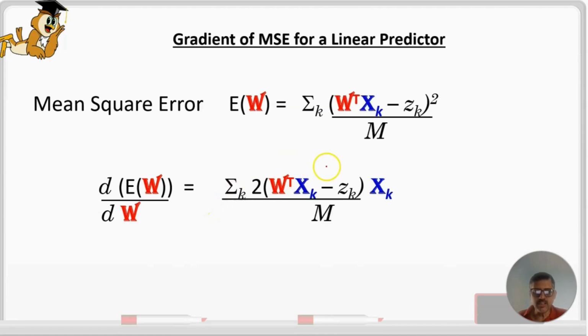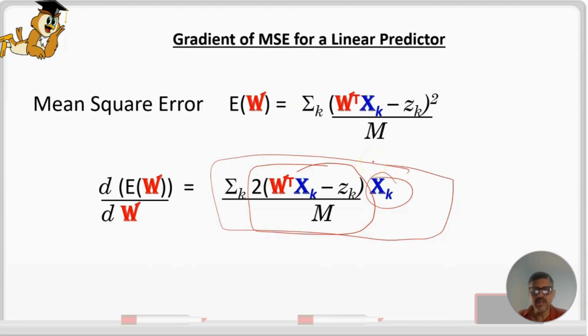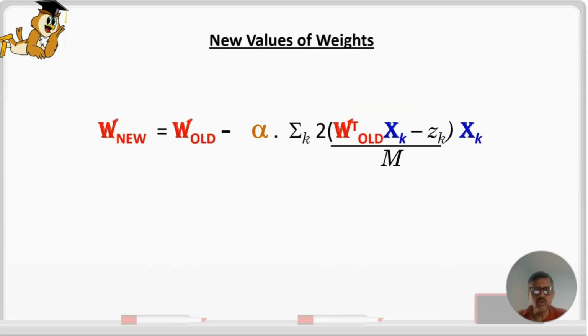This part here is a scalar. Xk is a vector, and dE by dW is simply this. And what you're going to do, the new values of W for the linear predictor are simply going to be W new equal to W old minus alpha, the step size, into this gradient that we had found, evaluated at W old. So this is how you would optimize a linear predictor.